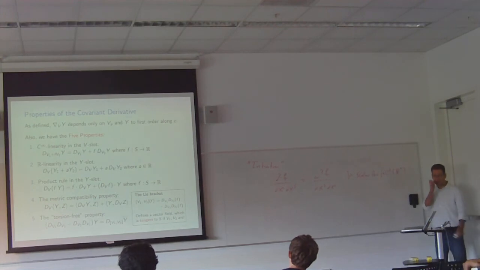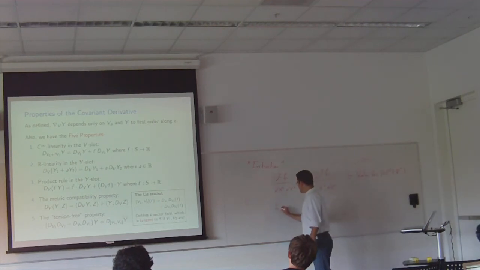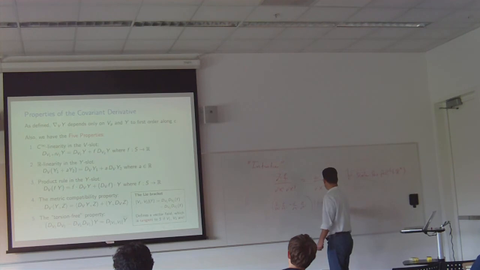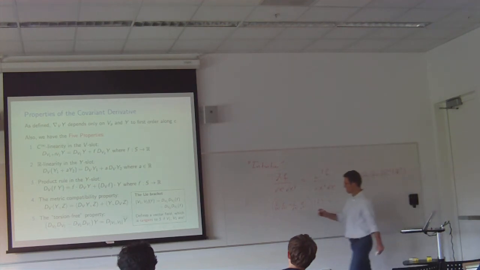Second partial derivatives commute, right? Or in other words, we can say d by dxi, d by dxj, minus d by dxj, d by dxi, as an operator acting on functions, equals 0. Right?